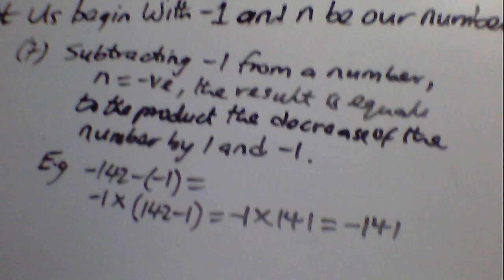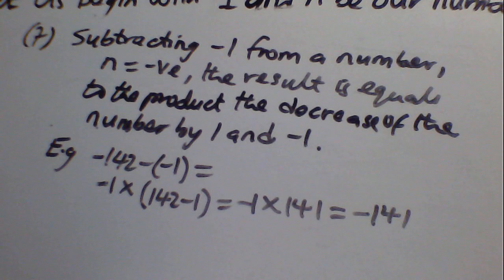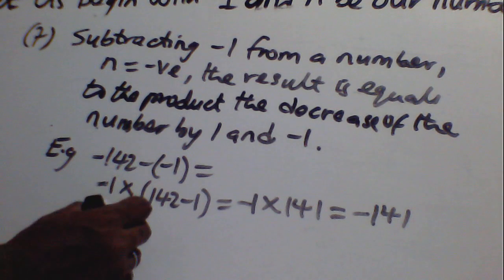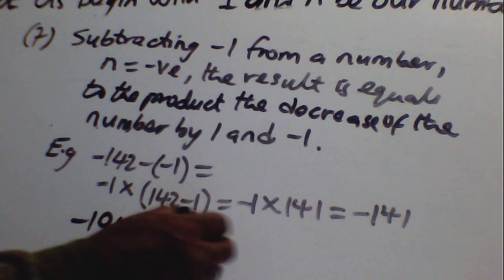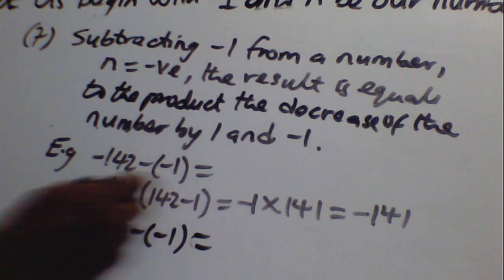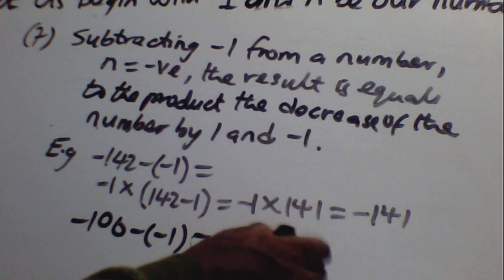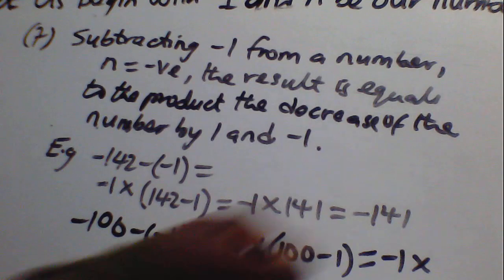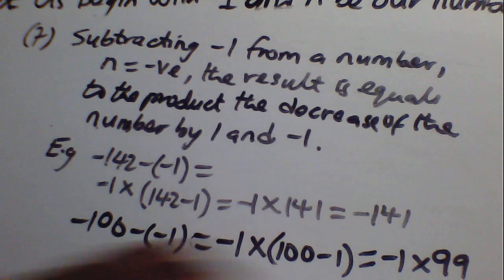So let's look at the second example. If we are given minus 100 minus 1, the result is equal to the product of minus 1 and the decrease of the number by 1. So this will give us minus 1 times 100 minus 1, which is 99. And we have what?